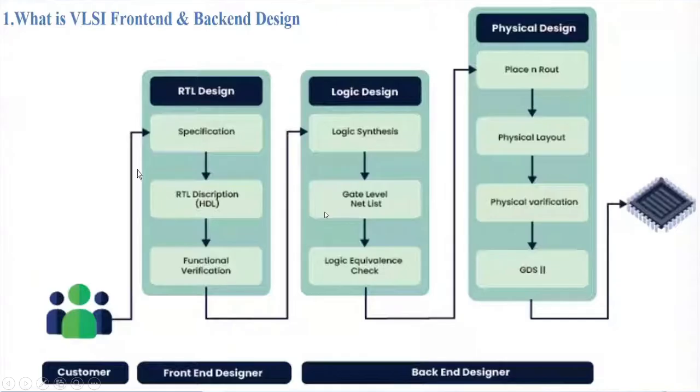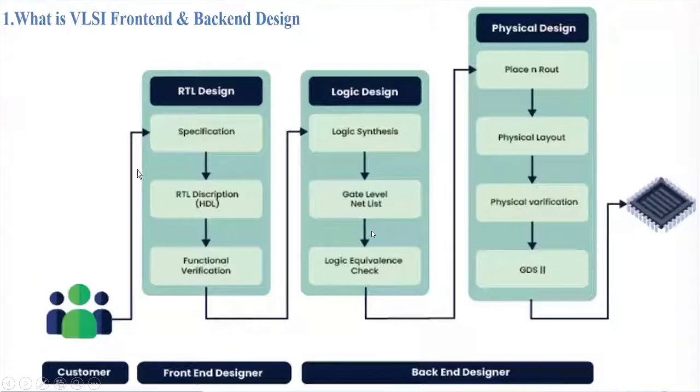After that, logic synthesis. Logic synthesis means you have some constraints like area, time, and power. The synthesis engineers will work under these constraints: area, time, and power. After synthesis it will generate the gate level netlist, and logic equivalency check. This is logic design.